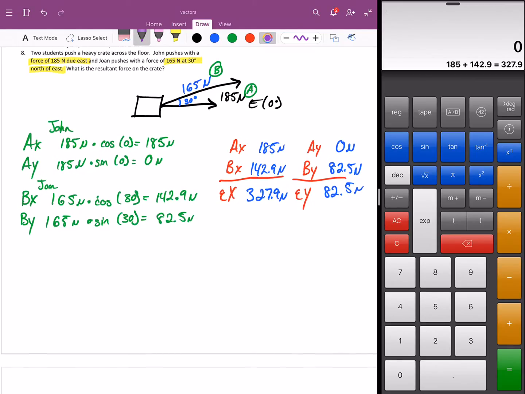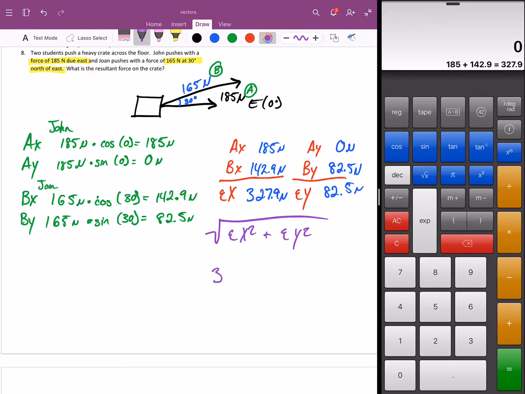The question is asking for the force, not the angle. So as given to you before, the square root of sigma x squared plus sigma y squared.